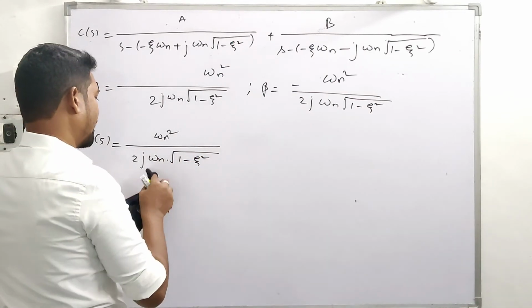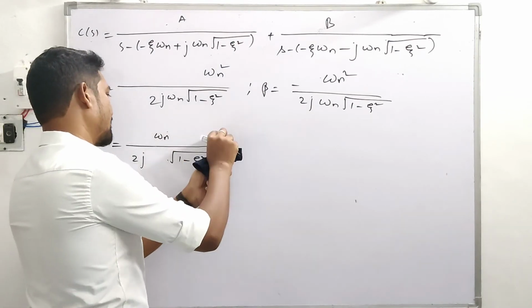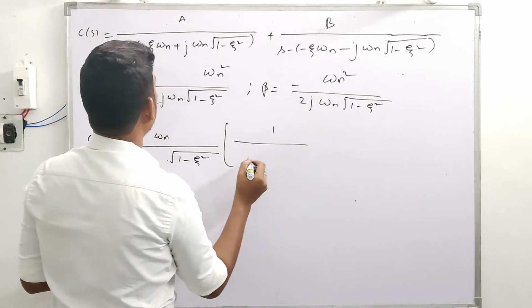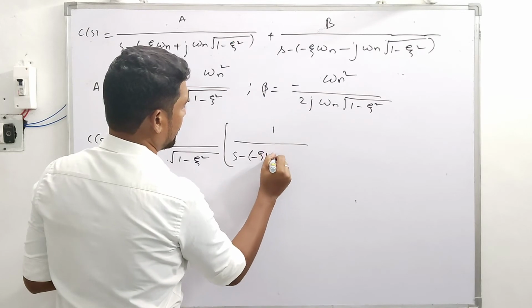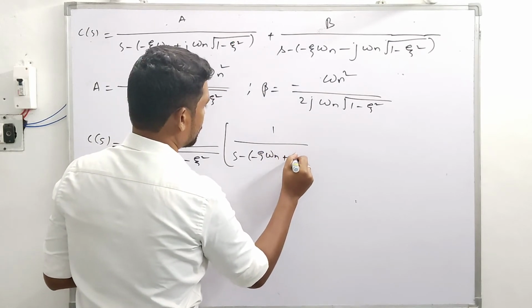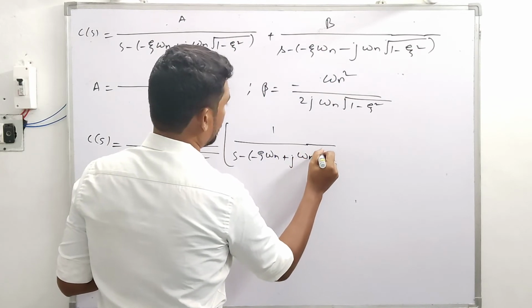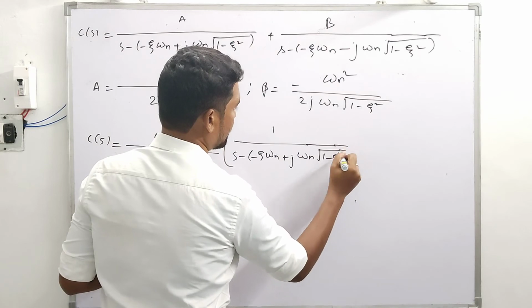So here itself this exists no more, into 1 upon s minus zeta omega n plus j omega n into under root 1 minus zeta square.